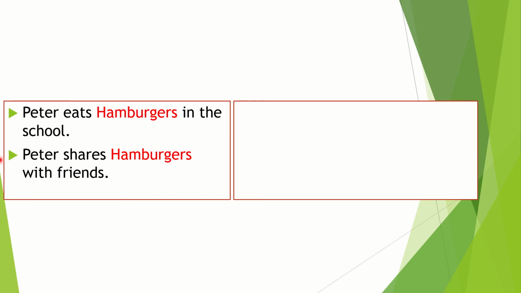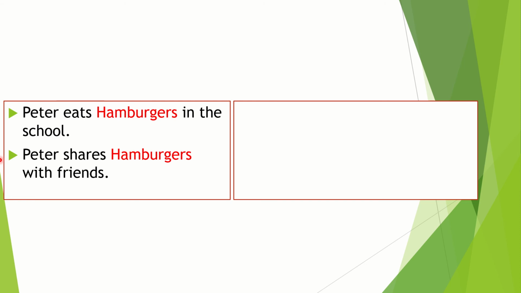It is the object because what are eaten by Peter? Hamburgers. What කියන ප්‍රශ්නේ අපි question කරා eat වලින් ඒ කියන question verb එක question එක අපි verb කරා what කියලා එතකොට ලැබුණ උත්තරයක් hamburgers ඒක තමයි object එක. So this word hamburgers takes the position of object.